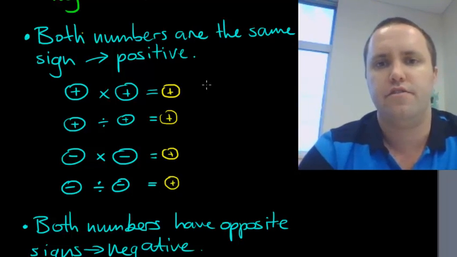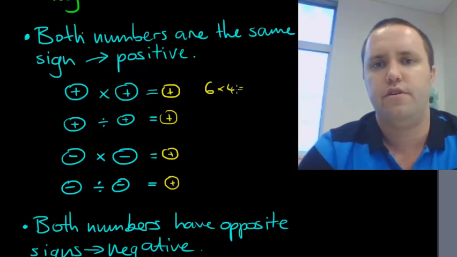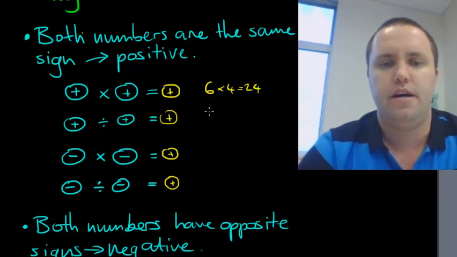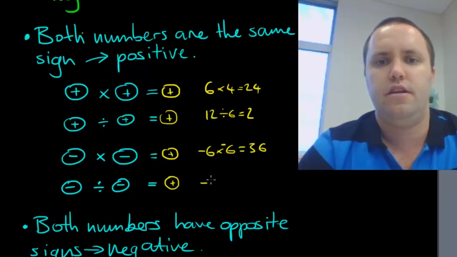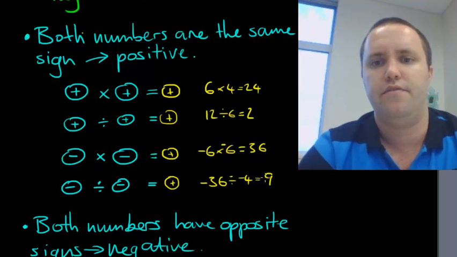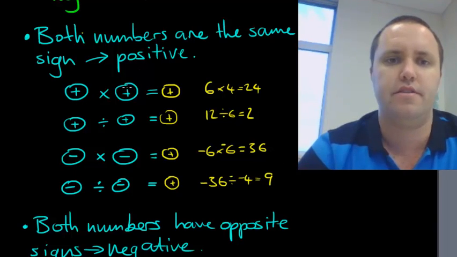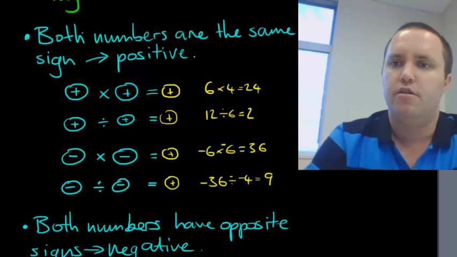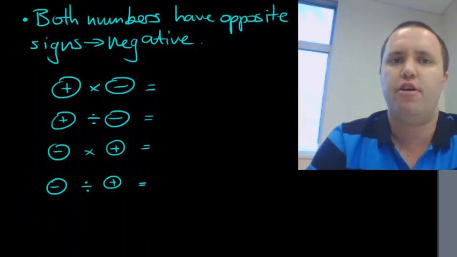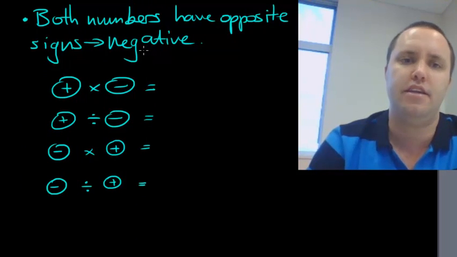So for instance, 6 times 4 is 24. 12 divided by 6 is 2. Negative 6 times negative 6 is 36. Negative 36 divided by negative 4 is 9. So if both things have the same sign, then you will end up with a positive number.